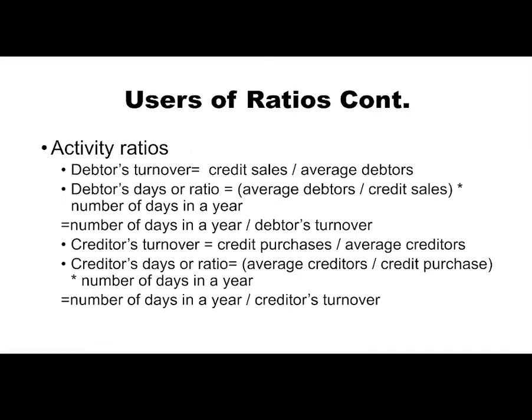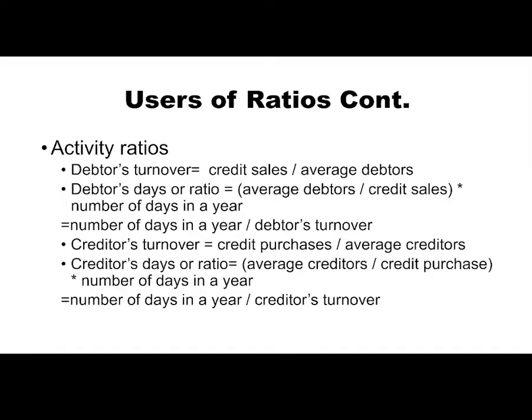So it shows the average period of credit taken by customers who buy on credit, which is compared with the credit period given by suppliers to give an indication of credit administration.